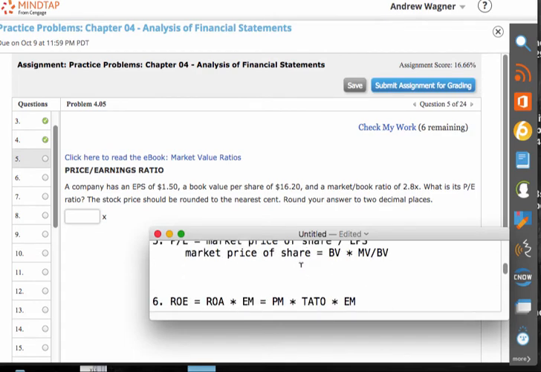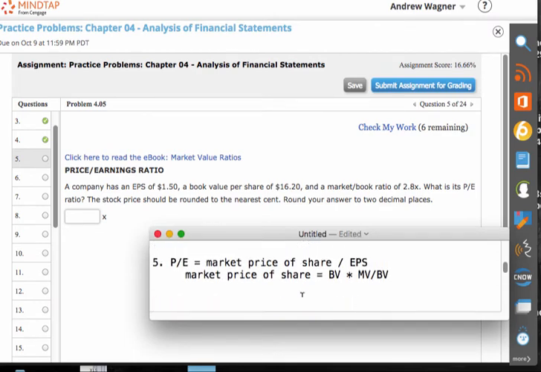So this is number 5. PE ratio is defined as the market price of a share divided by the earnings per share. The market price of a share is just book value times the market to book ratio. So we need the book value per share of 16.2 times the market to book ratio of 2.8.